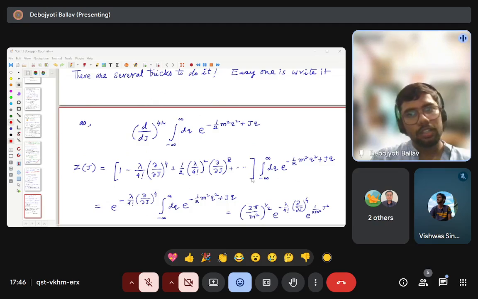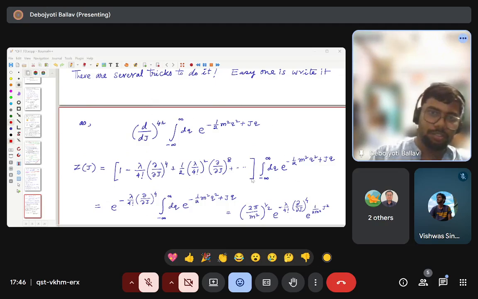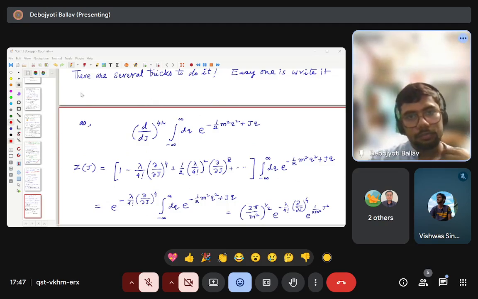So this is like a perturbation series in your quantum mechanics, where your parameter is lambda. You can write down your zj in terms of double exponentials, one in lambda, one in j's, and you can now pick any orders you want. Just like if you want the order lambda calculation for j square or j to the 4, you can get that.